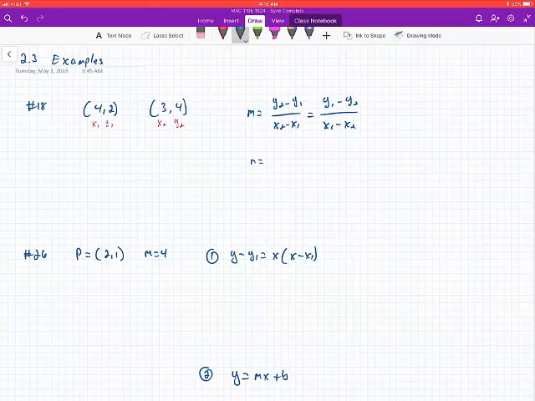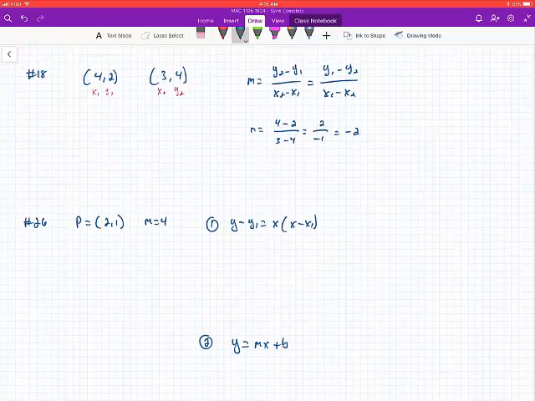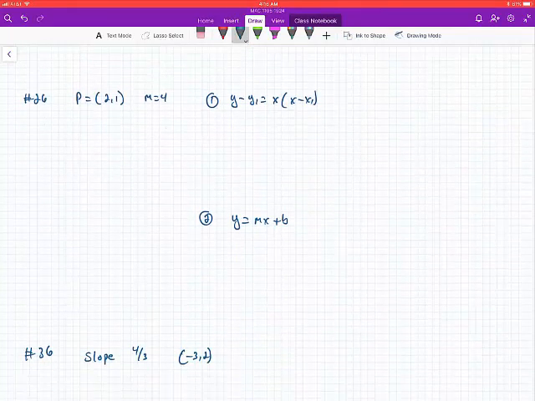So my y2 is 4, my y1 is 2, my x2 is 3, and my x1 is 4, similar to what we did on the other screen. So 4 minus 2 is 2, and then 3 minus 4 is negative 1, and our slope ends up being negative 2. So that's how you do that algebraically and also graphically, so we can see both methods.